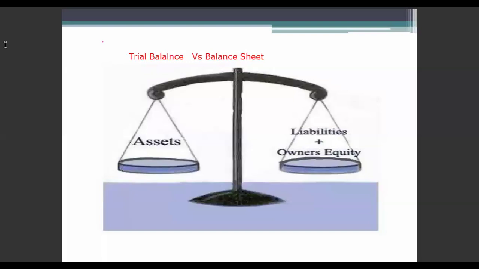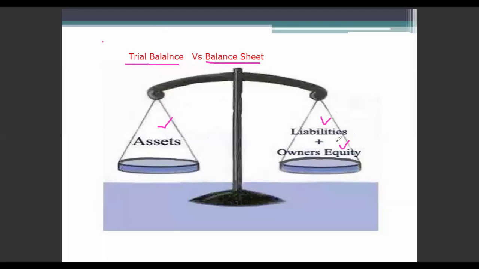As the name indicates, in the trial balance, we are recording the trial accounts. And in the balance sheet, we are trying to find out the balance between assets and liability plus owner's equity.